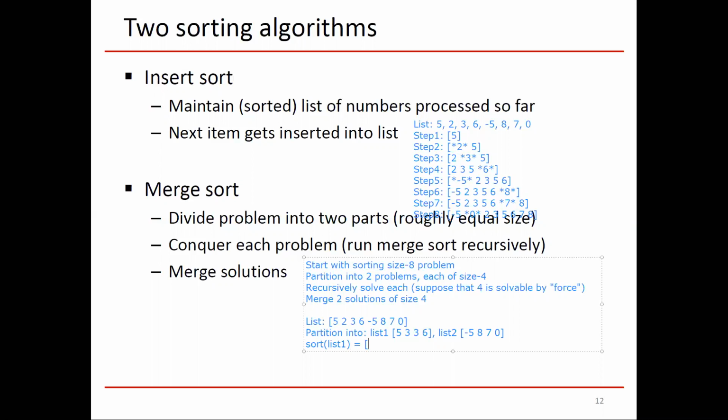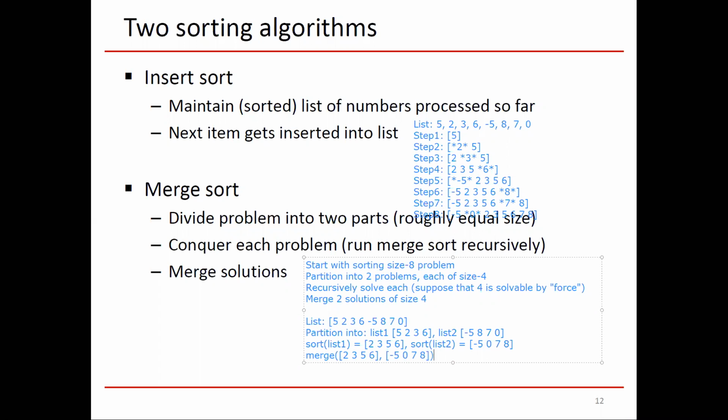So 5, 2, 3, 6 becomes 2, 3, 5, 6. And sort of list 2 is -5, 0, 7, 8. And now the merge of 2, 3, 5, 6 and -5, 0, 7, 8.